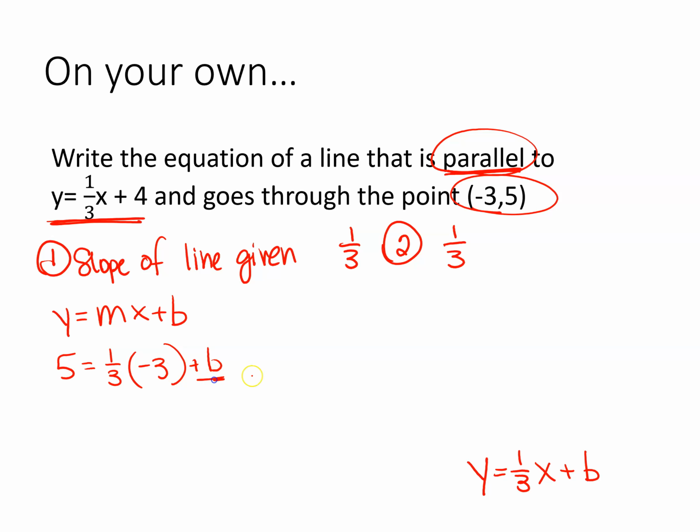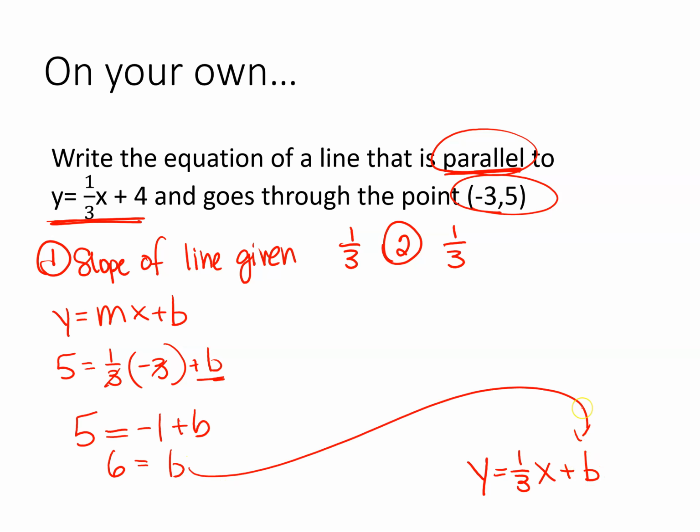Now I can find the intercept that I need. So 3 over 3 is 1, so I get 5 equals negative 1 plus b. Solve that for b, and now I'm going to put that in place and rewrite my new equation. It'll be y equals 1/3 x plus 6.